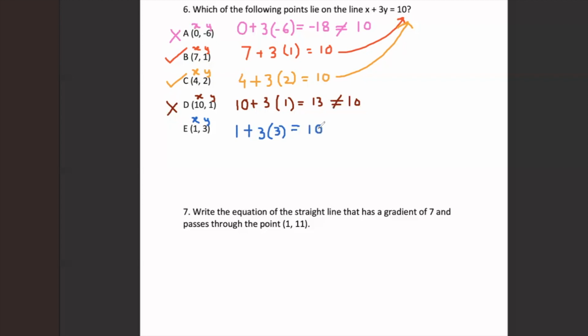So point E also satisfies the equation x plus 3y equals 10. So point E also lies on this line. So we are going to write our answer as B, C, and E lie on the line x plus 3y equals 10.